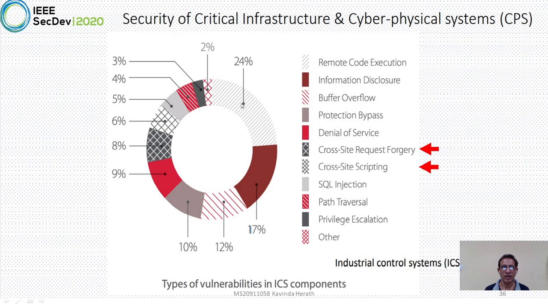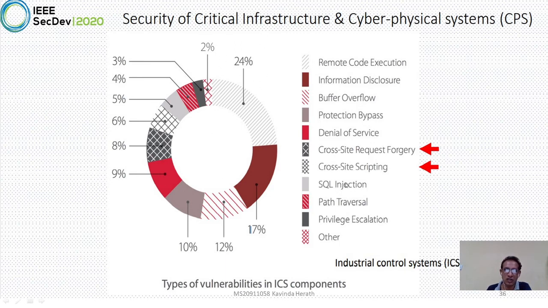Comparatively, 24% are remote code executions, which is a very high percentage, 12% are buffer overflows, 17% are information disclosure, and protection bypass is also 10%. That is why the percentages have been given.